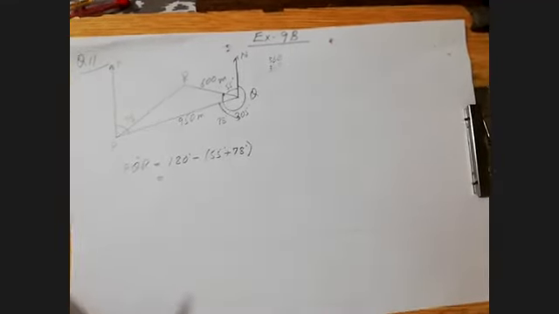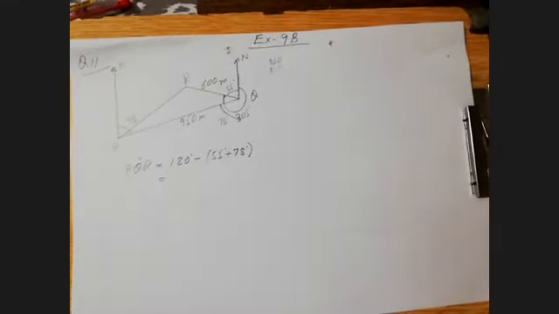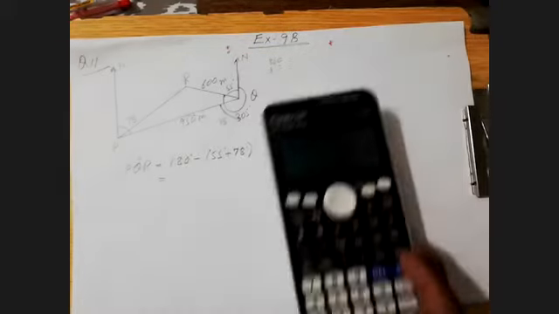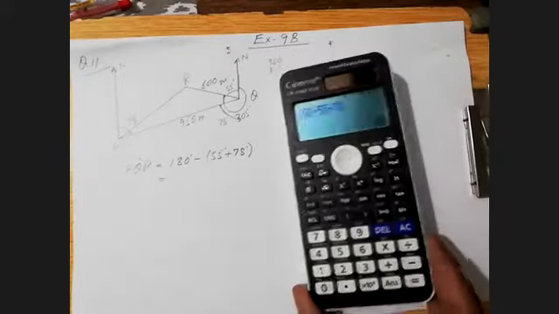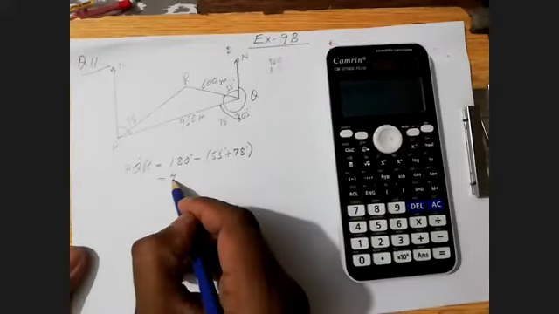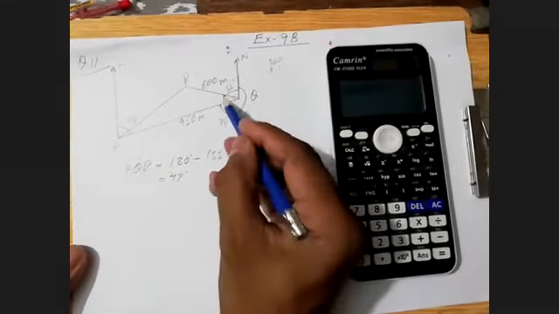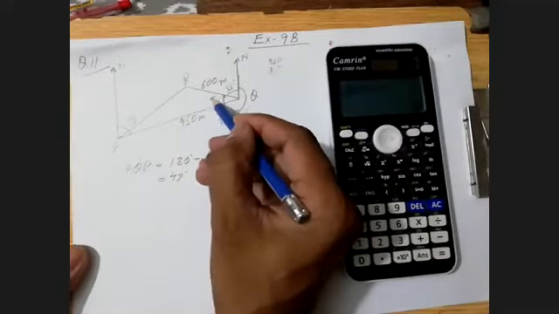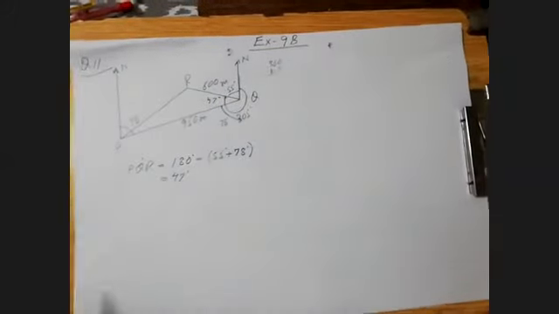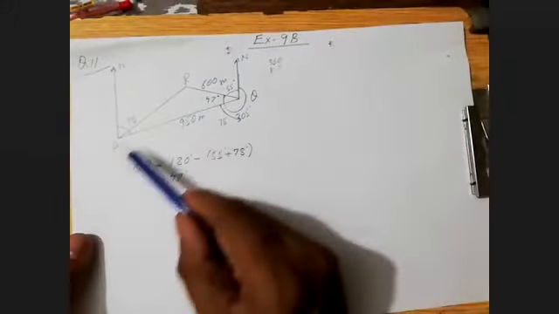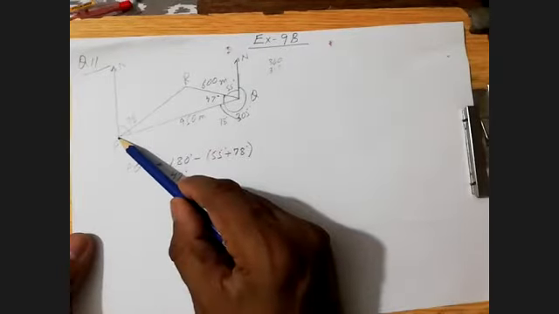From this, we have to calculate the angle: 180 minus 55 and minus 78. So we got 47 degrees. So this angle is 47 degrees. Well, now we can apply the cosine rule to find PR.